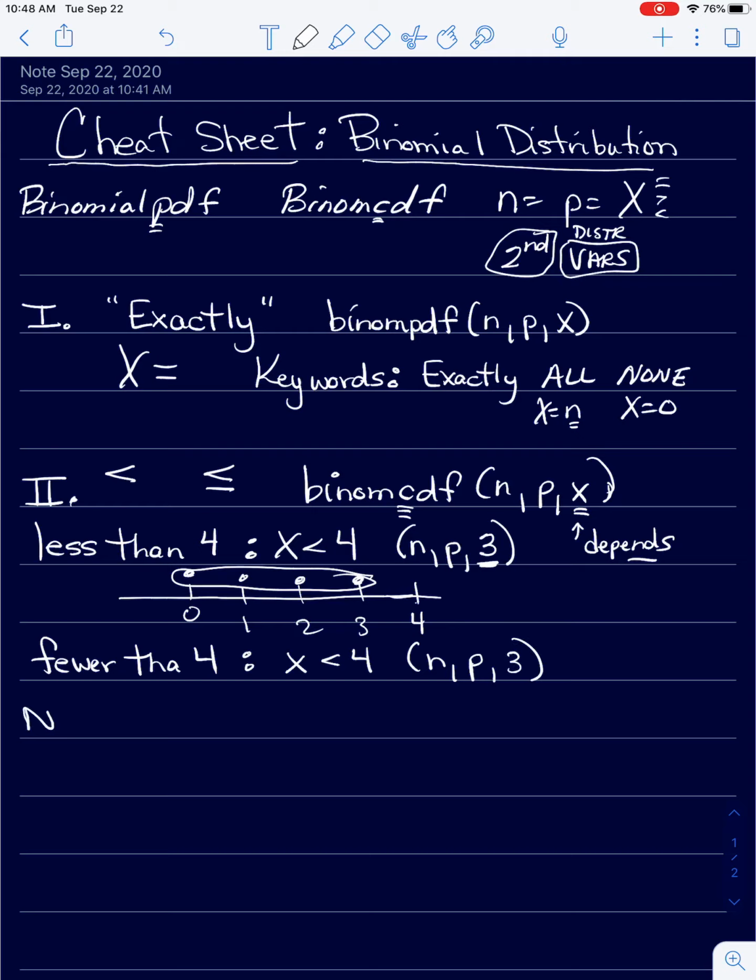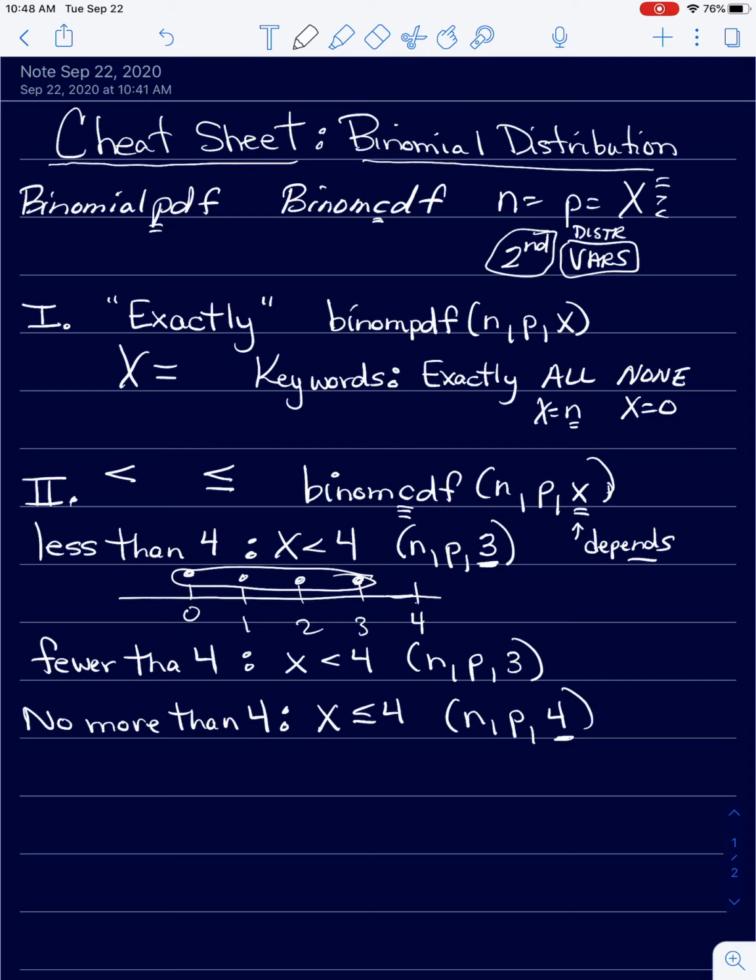Okay, how about this one? No more than 4. It sounds to me like 4 is the upper boundary. So we're going to say less than or equal to 4. Then you want the calculator to include the 4 when it adds up probabilities.